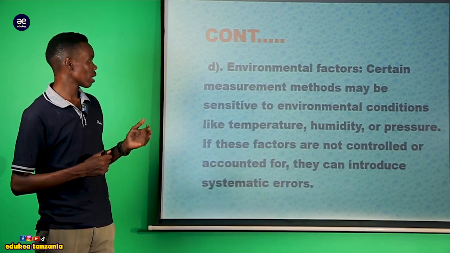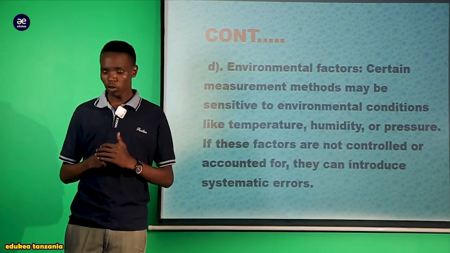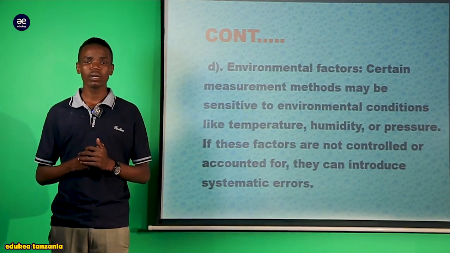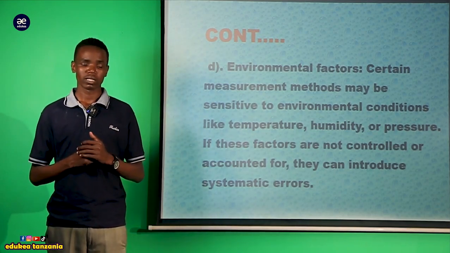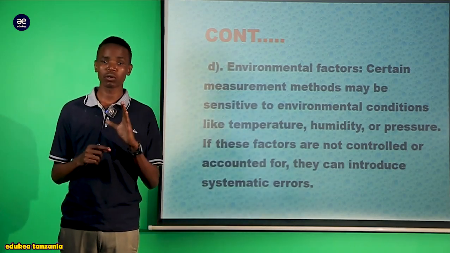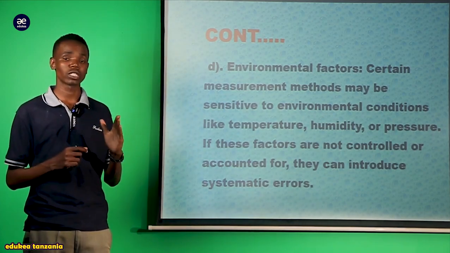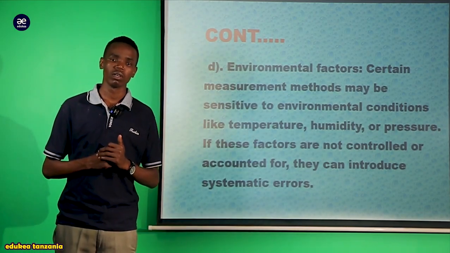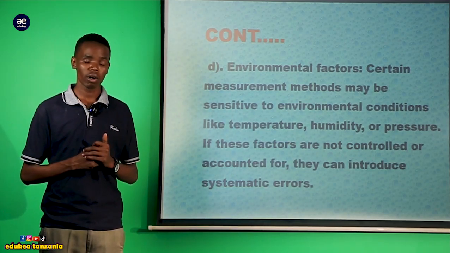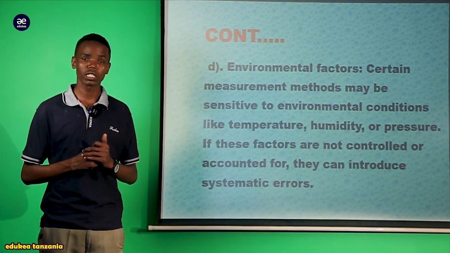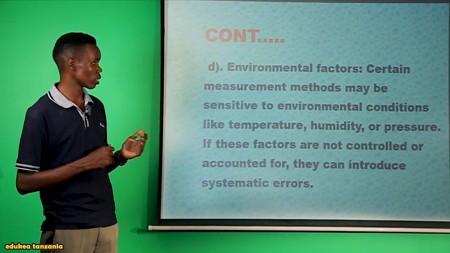We have another cause, which is the environmental factors. Environmental factors, my dear student, can cause the occurrence of the systematic errors. Kwa sababu unapokuwa upo kwenye mazingira ambao sio sahihi, unapokuwa unakusanya data, moja kwa moja utapata data ambazo sio sahihi. Because the environment can cause the instrument to introduce the wrong or incorrect value.